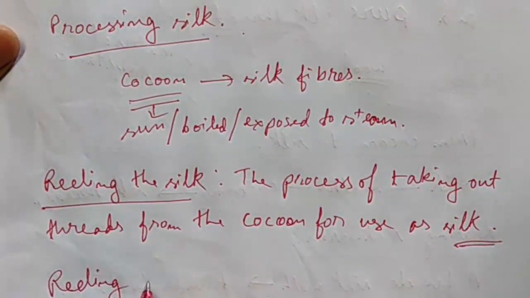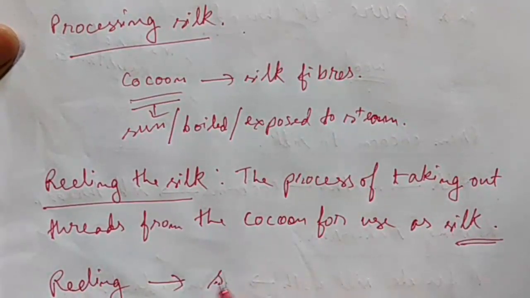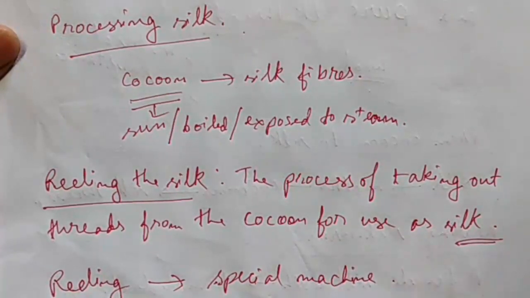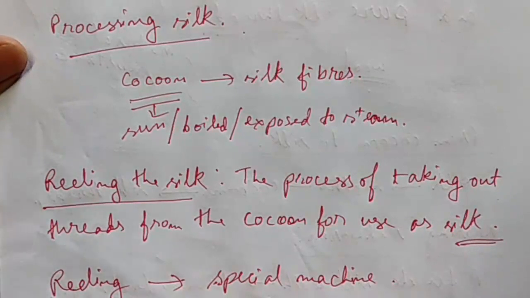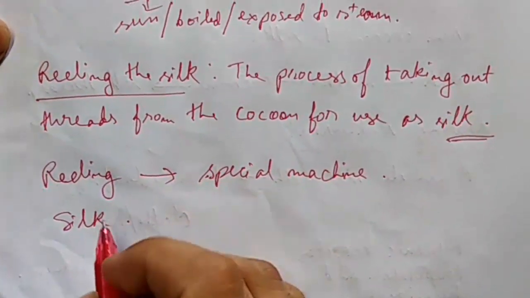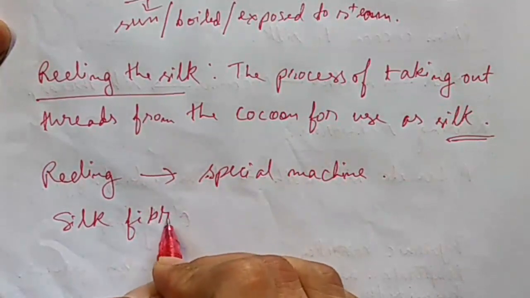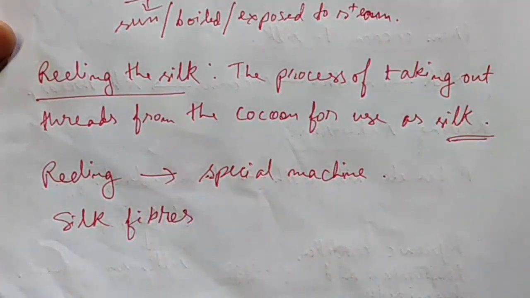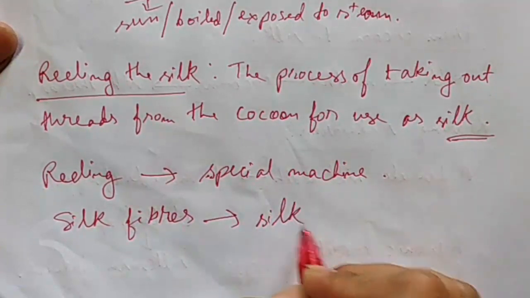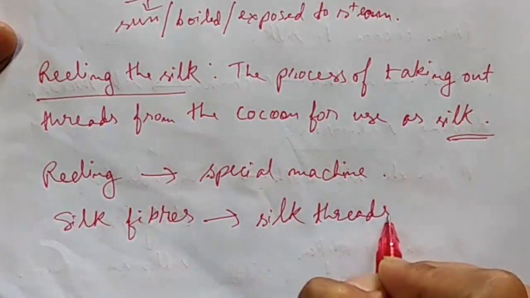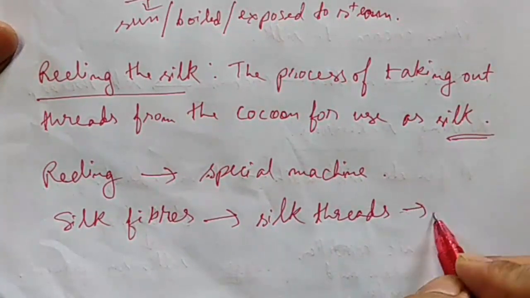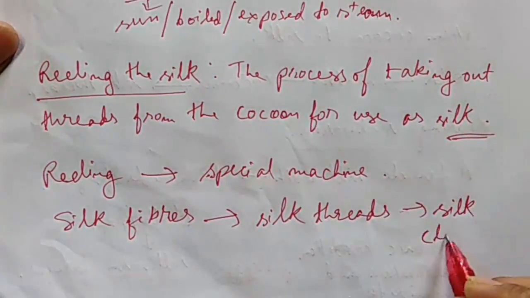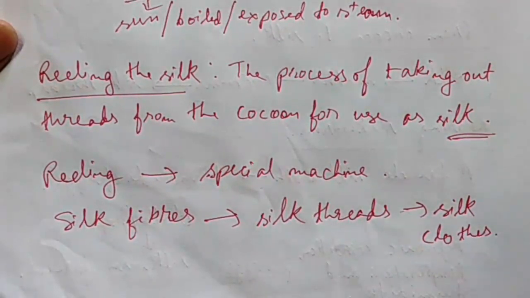This reeling is generally done in a special machine which unwinds the threads or fibers of silk from the cocoon, and then the silk fibers are spun into silk threads which are woven into silk cloths by weavers.